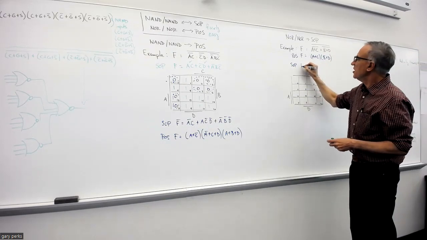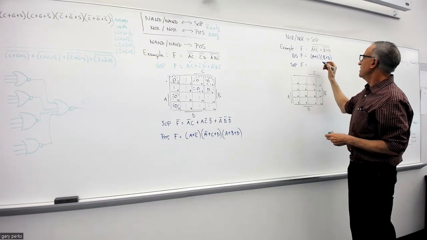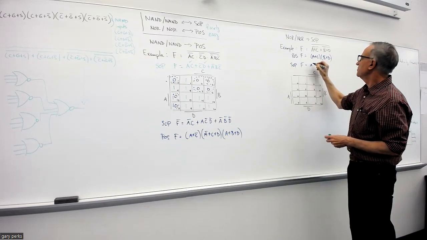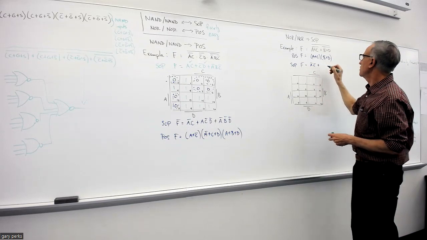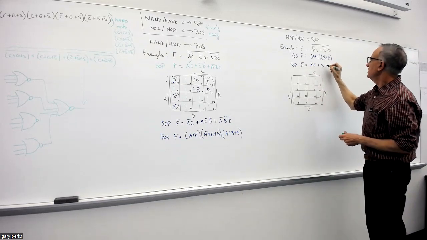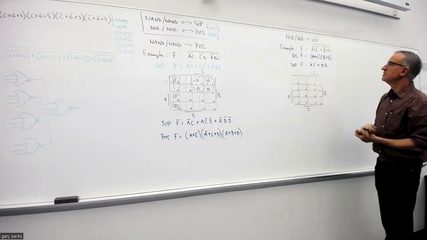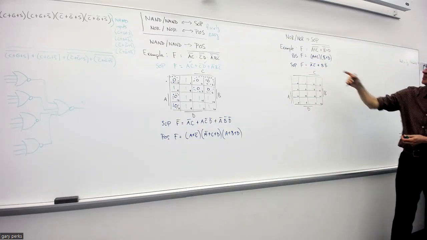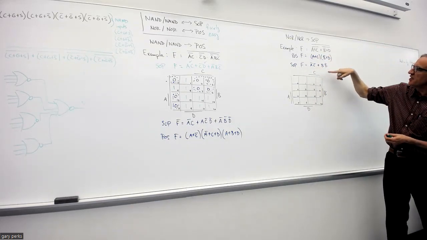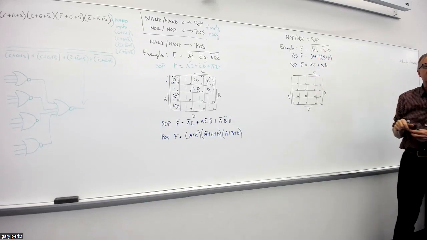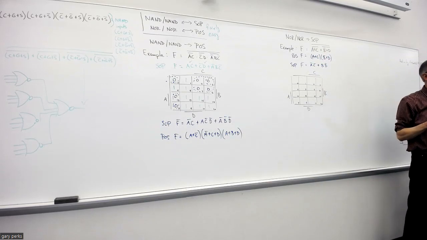So this is going to become not F, and then it's going to be not A, ANDed with not C, or B, ANDed with not D. Again, double check: I inverted everything, right? I changed ors to ands and ands to ors, right? So everybody agree I didn't make a mistake?